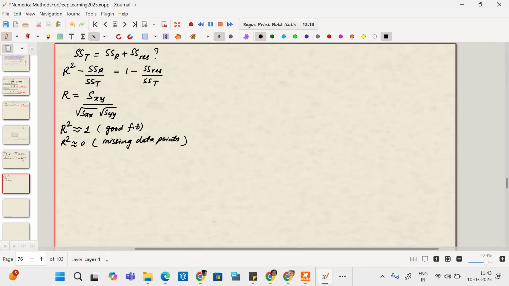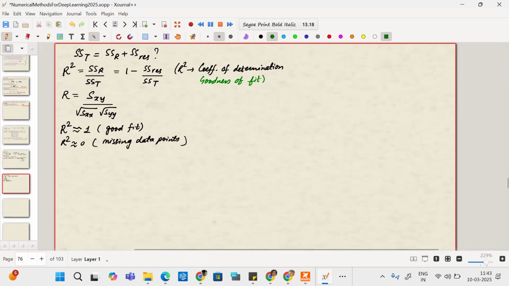R2 is the coefficient of determination, or the goodness of fit, whereas R is known as the correlation coefficient.